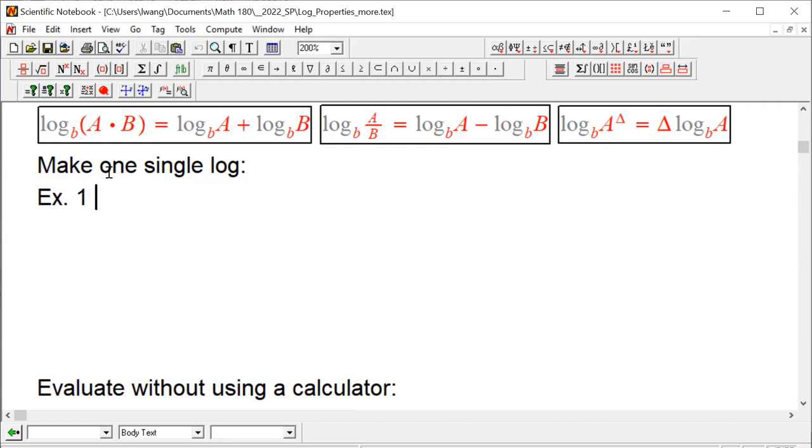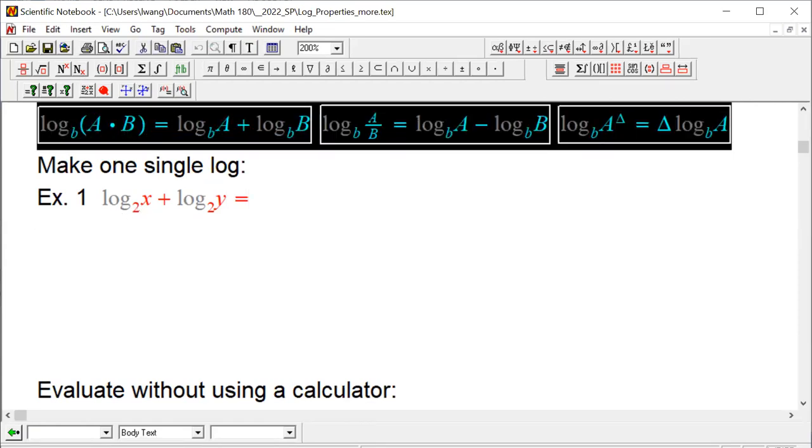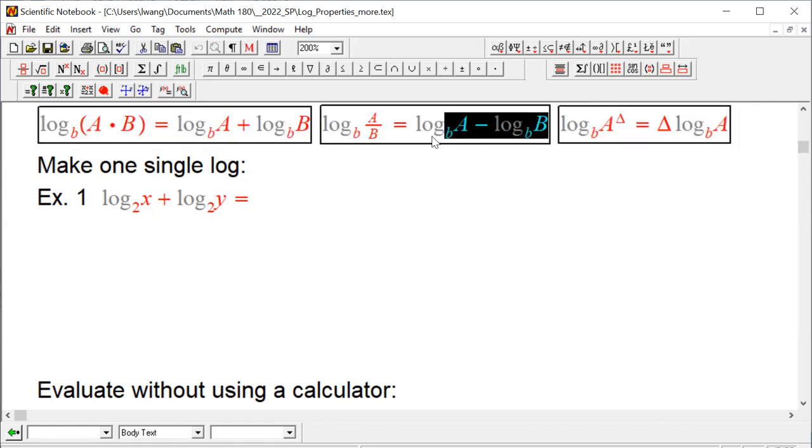Example number 1. For example, if I have log base 2 of x plus log base 2 of y, to make a single log, we'll be applying these properties from right to left. The condition, of course, is that they must have the same base.